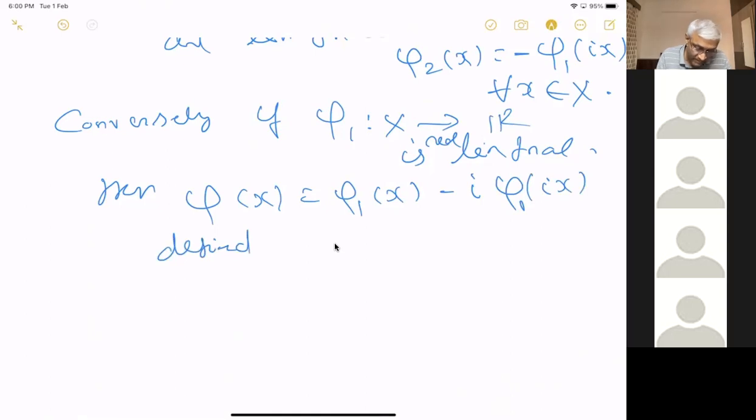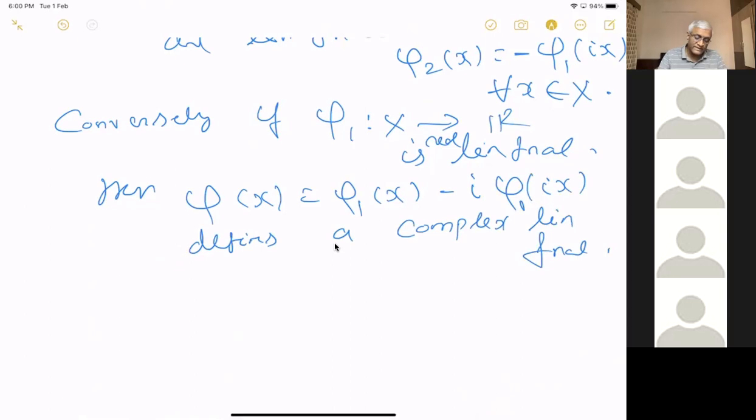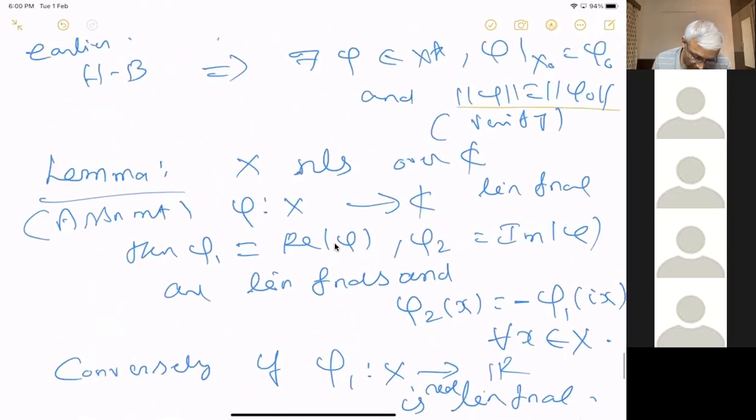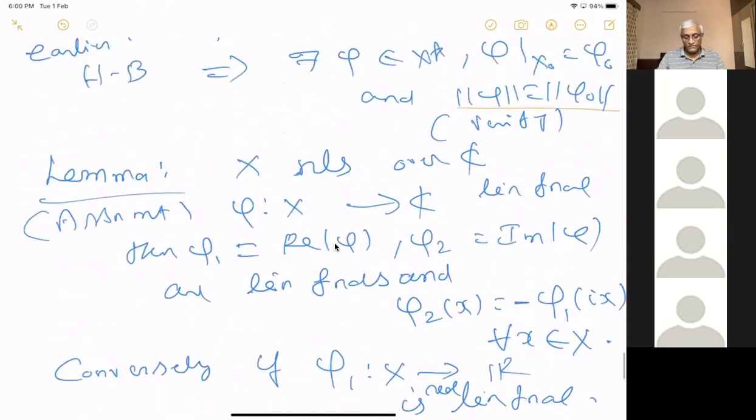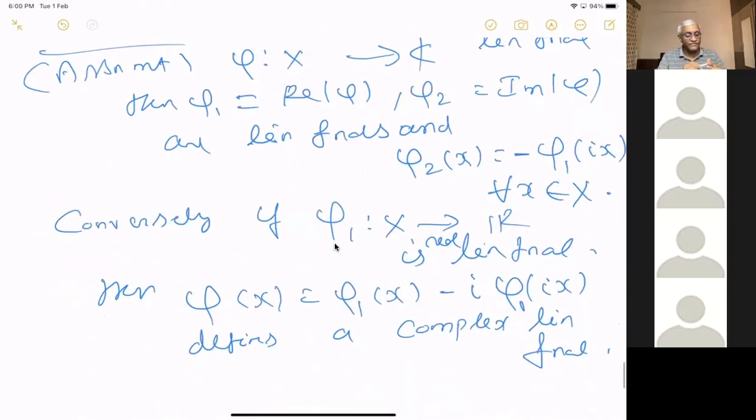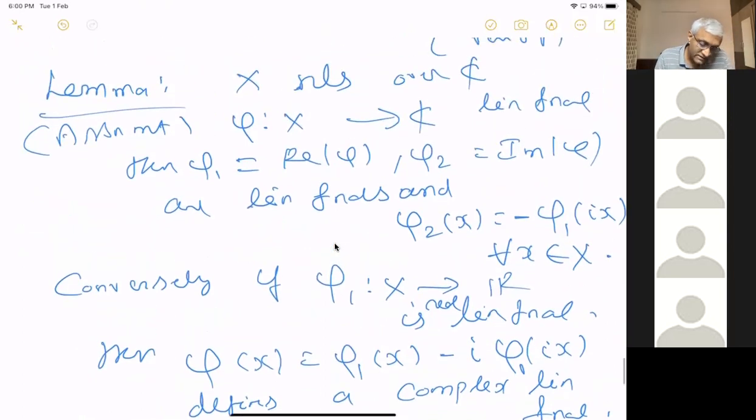This you have to verify. It defines a complex linear functional. So I think the assignment is clear. If we have any real linear functional, then we can define a complex linear functional in a well-defined way, and that's the only way we can do it. That's what this says.